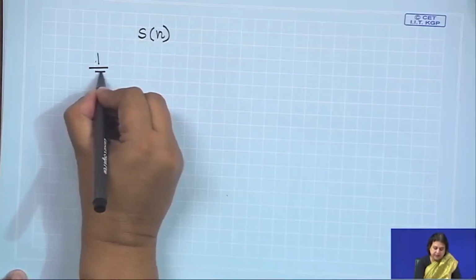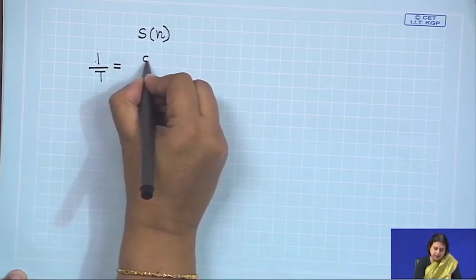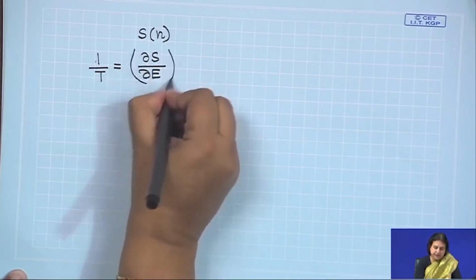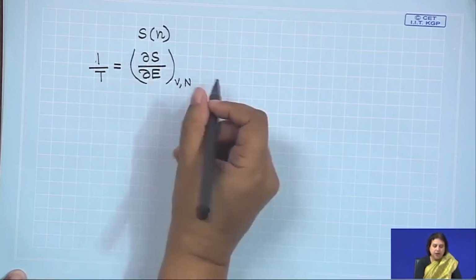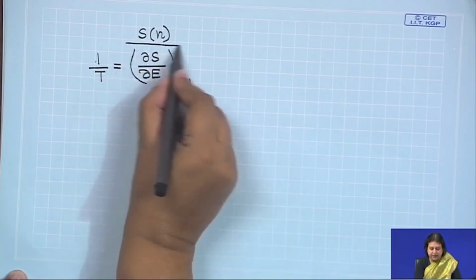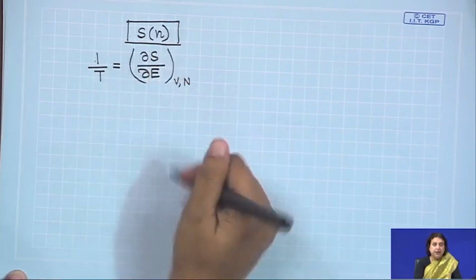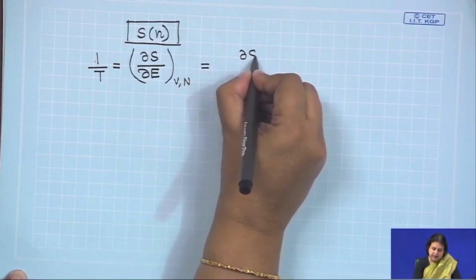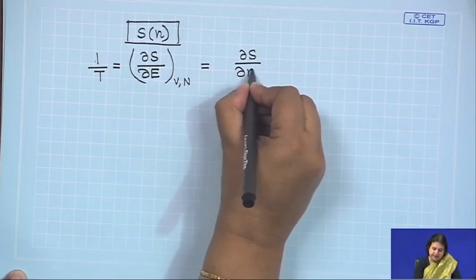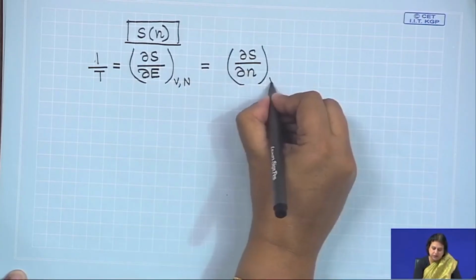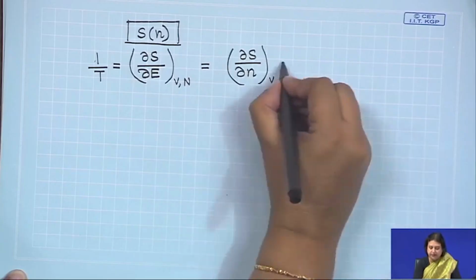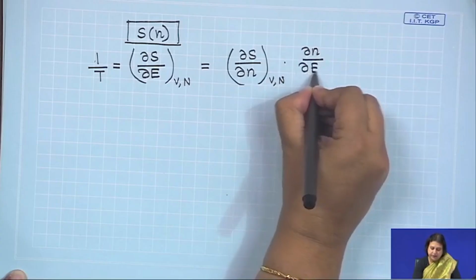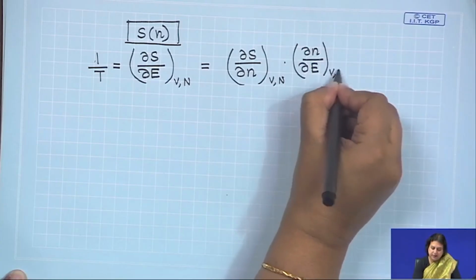In order to obtain temperature, we would require del S del E at constant V, n, but what I have here is S as a function of n. Therefore, I am going to use a chain rule and evaluate del S del n under the condition of constant volume and number of particles, but now I would also require del n del E under the same conditions.